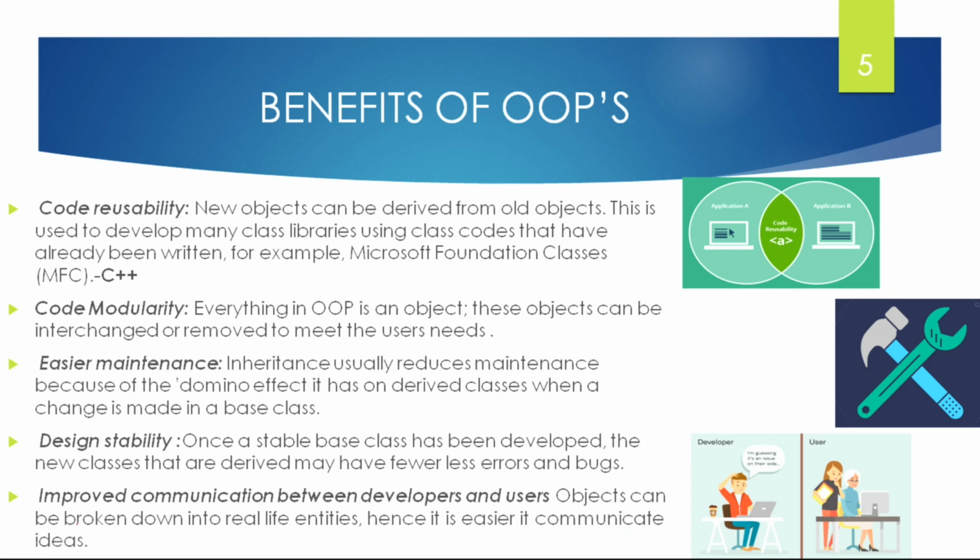So OOPS provides better communication between the developers and the users because an object can be broken down into real-time entities, that means real-life examples. So the user can understand the real-life entities very easily.